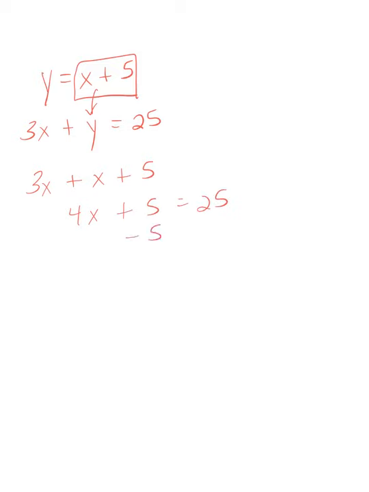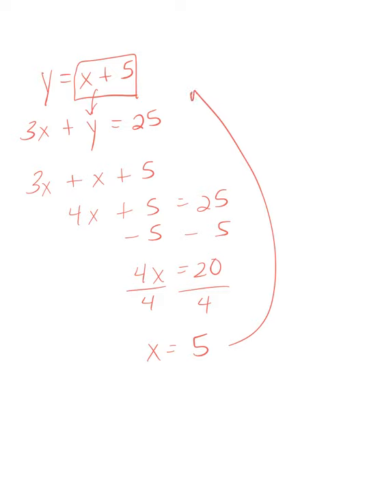If I subtract 5, I get 4x equals 20. Divide by 4. x equals 5. Take the x equals 5 and plug it back into one of the original equations. y equals x plus 5, so y equals 10. So 5, 10 is my answer.